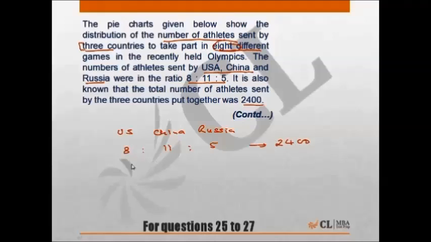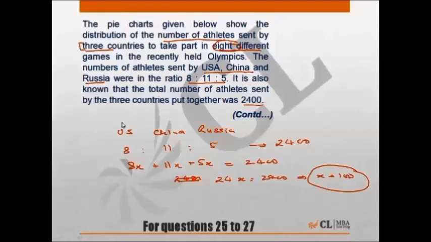If we assume the number of athletes from US to be 8x, China 11x and Russia 5x, the sum of these 3 should be 2400, which means 24x is equal to 2400, or x is equal to 100. Which means USA sent 800 athletes, China sent 1100 athletes, while Russia sent 500 athletes to take part in 8 different games.